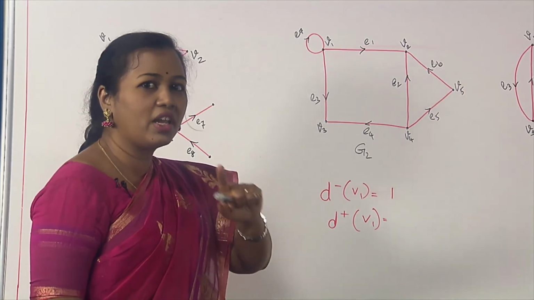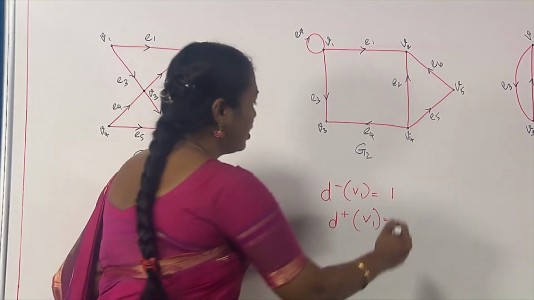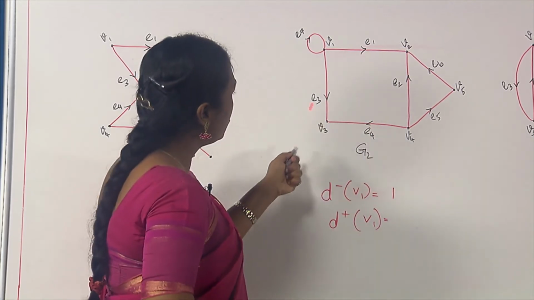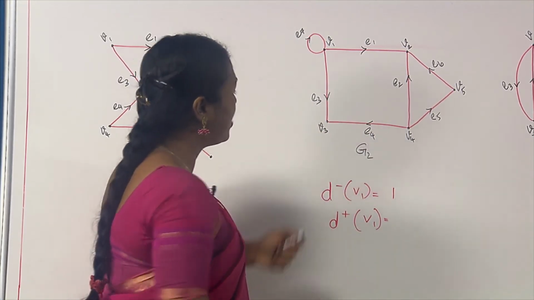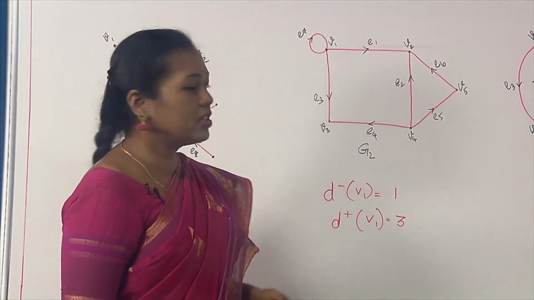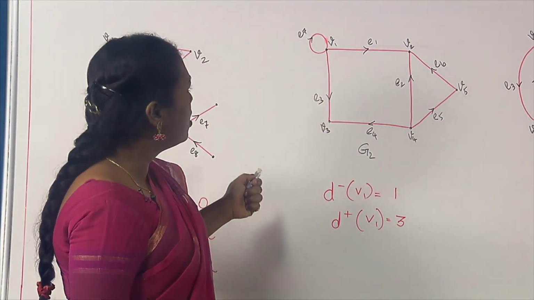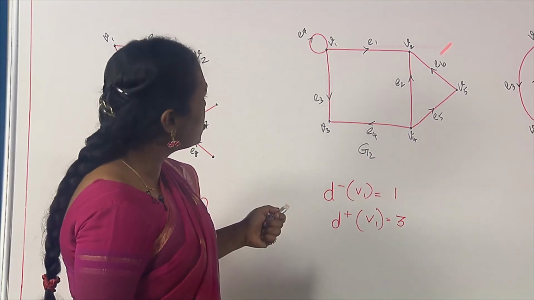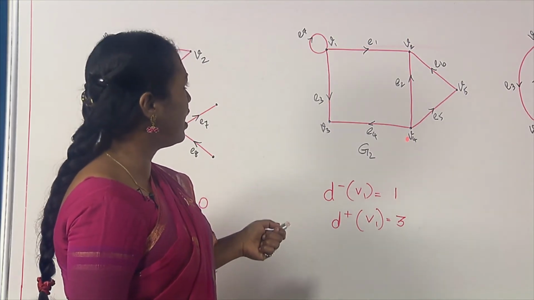So the out degree count is also 1. Therefore it is these two edges plus edge E7, therefore the out degree is 3. So this is how you calculate when there is a loop in a directed graph. The rest of the vertices, of course, follow the same concept.